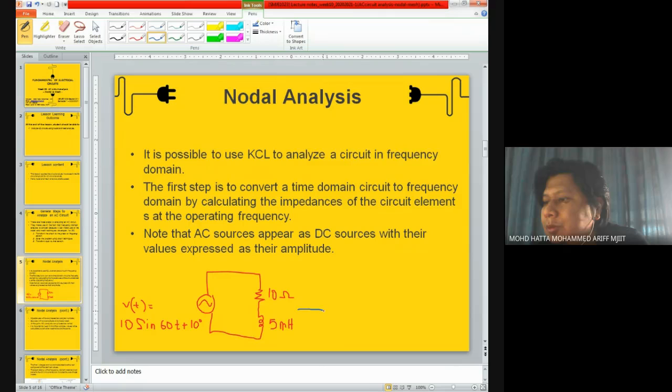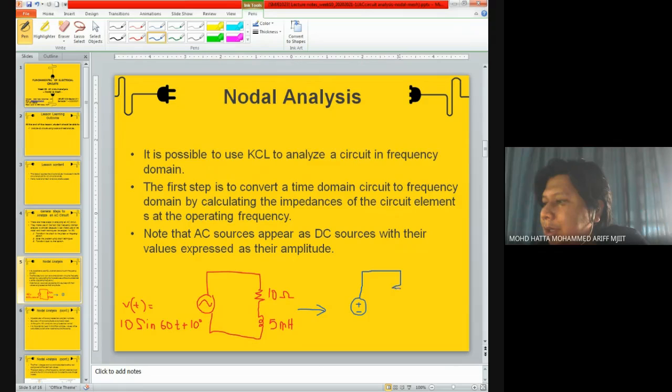First, you need to transform your circuit into the frequency domain, and just to make it graphically easy to understand, you can also draw your voltage source or your current source. For example, this is a voltage source like this.